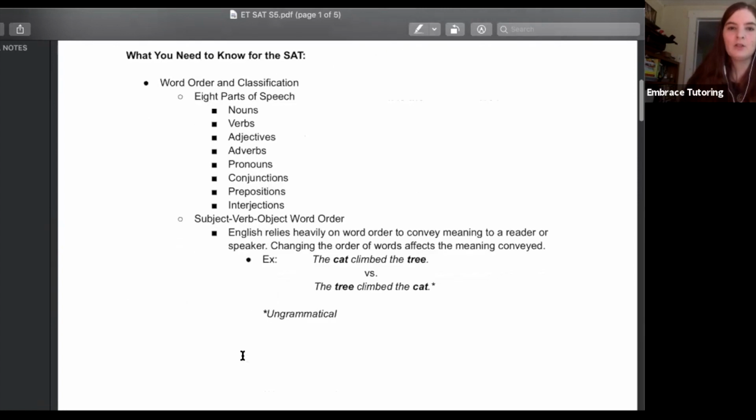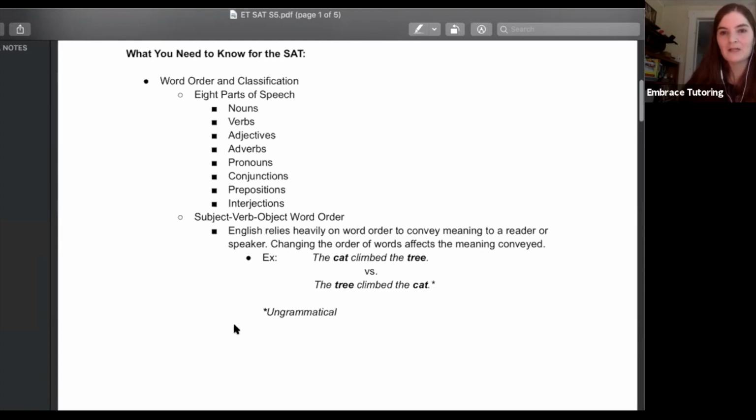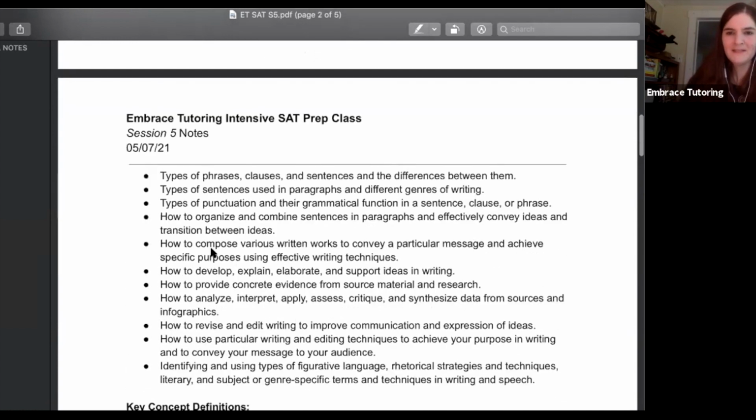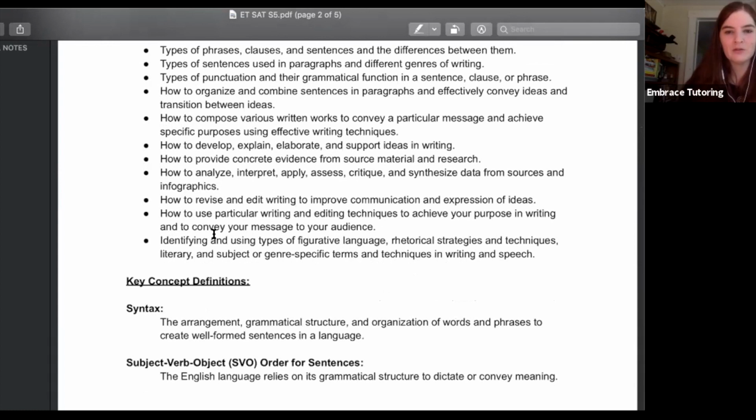For the writing and language test, you want to think about what you know about grammar, what you know about writing, how comfortable you are with writing, and understanding how language works, why we use it in certain ways, what specific genres are, all those big concepts that you deal with in an English class or any writing-based class. Those are abstract, thinking-based skills that you're going to be applying to these passages for this writing test, so that you can identify any concepts you need to review, or identify specific questions that you get wrong on the writing and language test, or things that you think you know but you don't, and you just need to revisit.